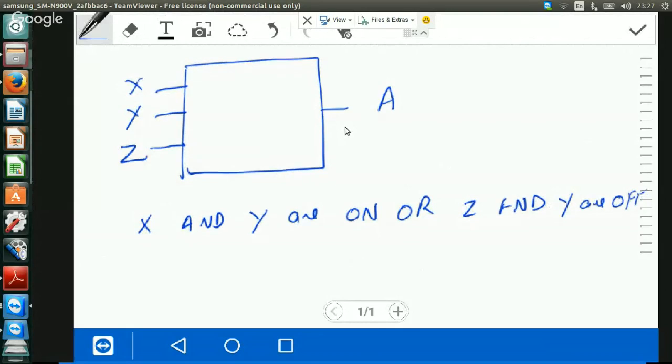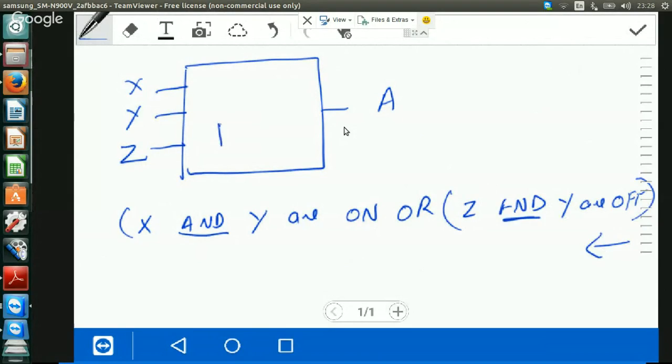For example, if this is the statement that they have given and they have given you this box, something like this, it's pretty easy. You are going to draw the logic circuit the same way you have done before, like I've told you: try solving the question from the left hand side. So let's do this AND gate first.